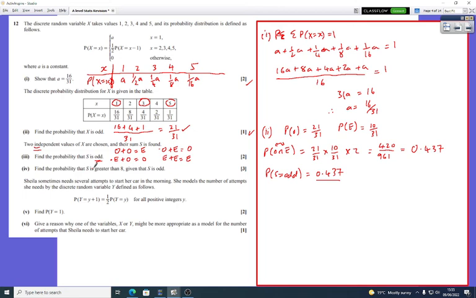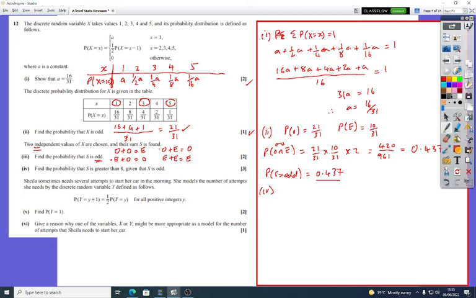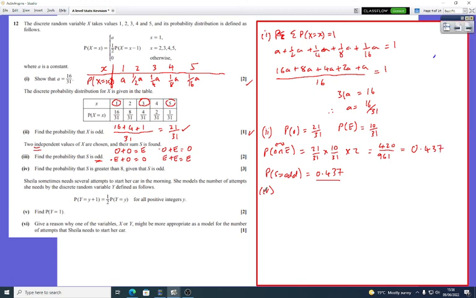Find the probability that S is greater than 8 given S is odd. So let's just do part 4 here. I'm just going to use a different color so we're not getting confused with this here. So now I'm going to rewrite this.